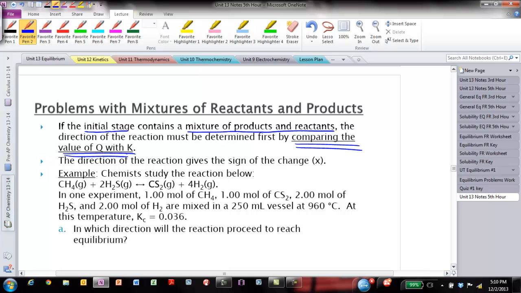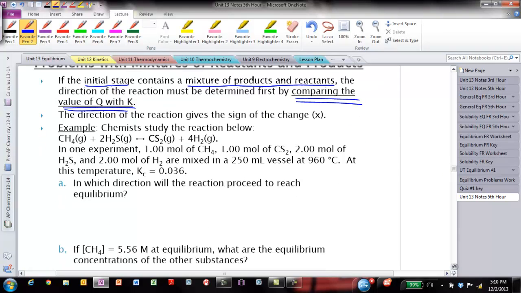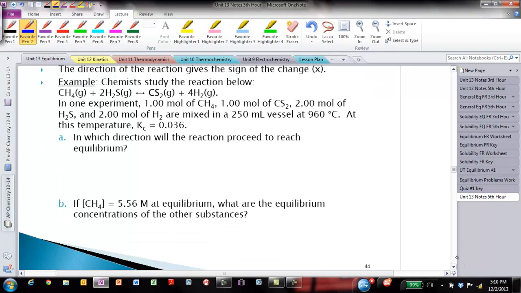Okay, so we've done this several times, but we haven't done it with the calculations. So we're given a reaction here. And it gives us in one experiment 1 mole of methane, 1 mole of CS2, 2 moles of H2S, and 2 moles of hydrogen mixed in a 250 milliliter vessel, and it gives us the K for that temperature.